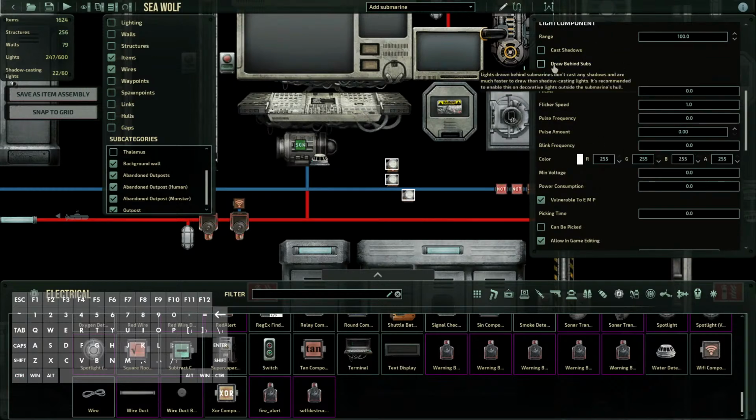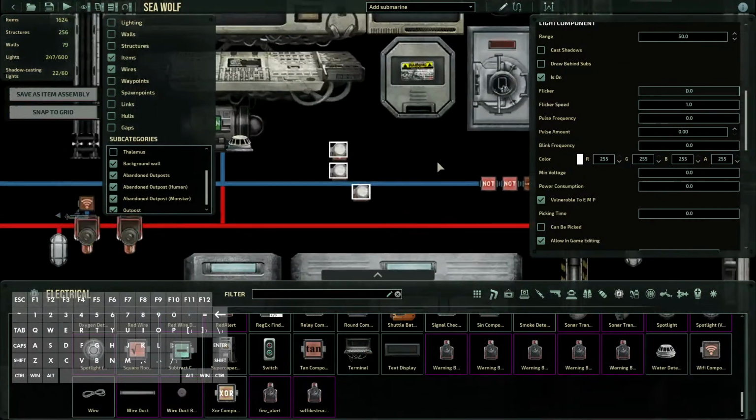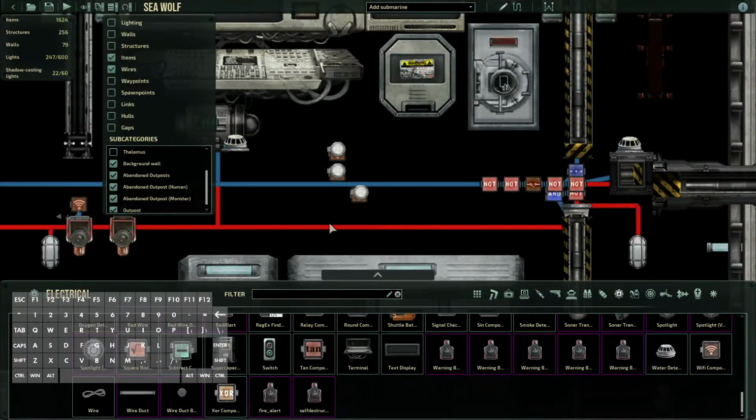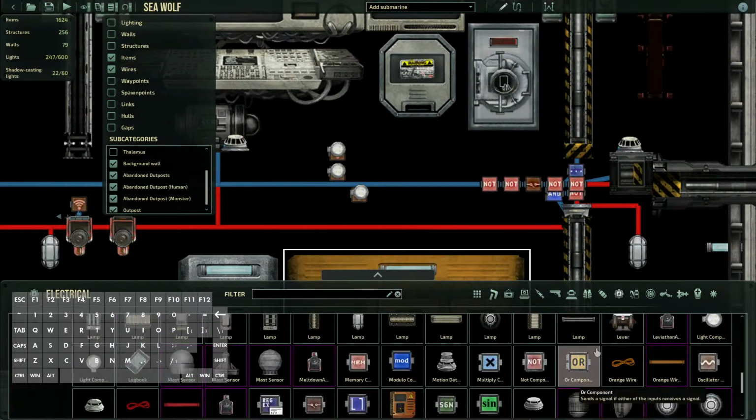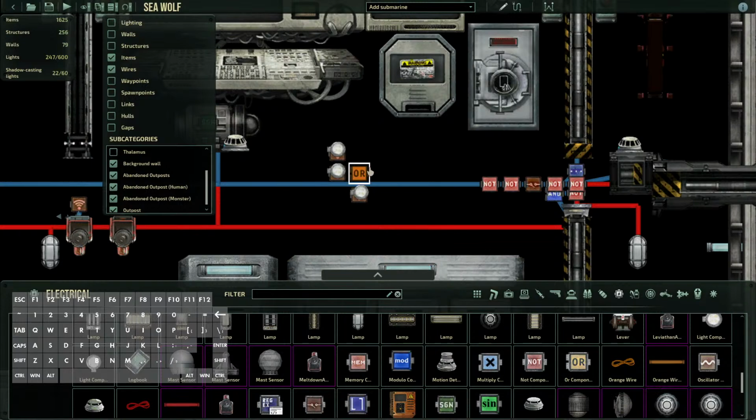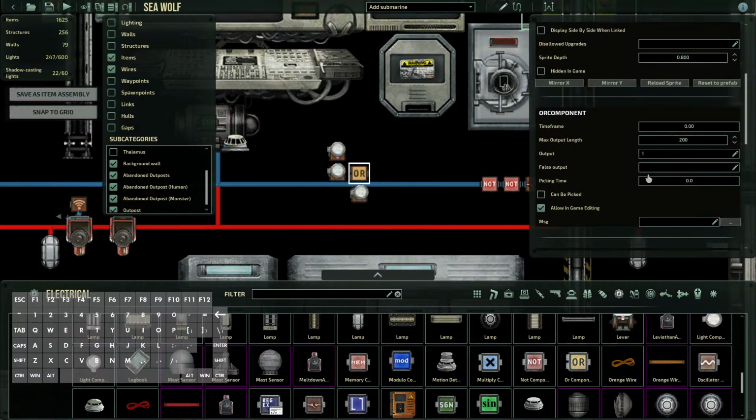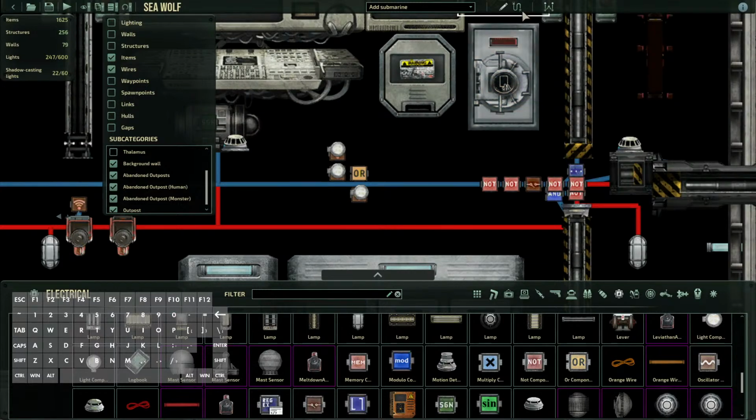And we're going to turn them all on. Don't need to cast shadows. Call it 50. And 255, power consumption 0. And if any of them are, hang on here, or here. Gaming Dad's trying to mess with my jam here.